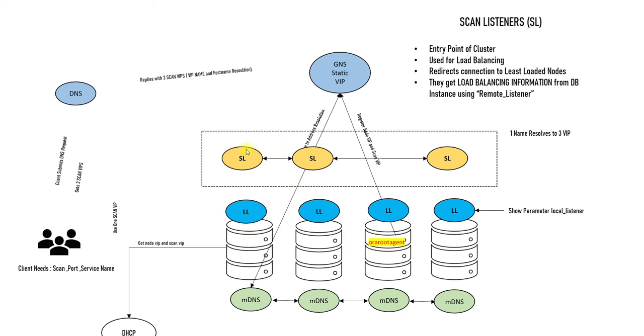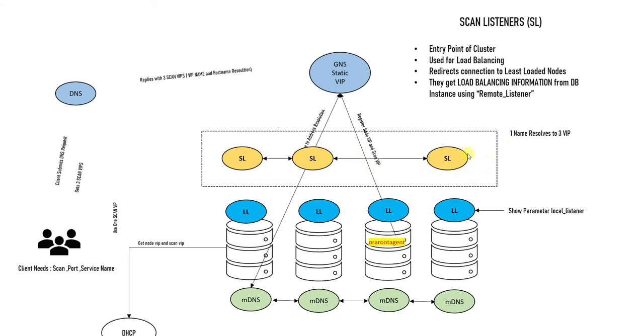But scan listeners are only 3 of them, okay. That's what Oracle tells us: if you want to configure scan listeners, you must configure only 3 scan listeners with 3 IPs, okay. While installing the clusterware, you need to make sure that the scan listener information is provided in DNS, okay.